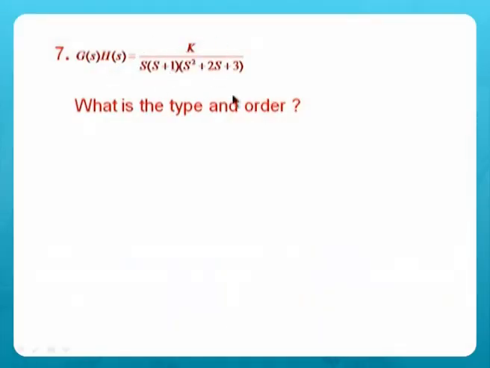G of s, H of s is given by this function. You can see K by 1 pole at origin, then s plus 1, s square plus 2s plus 3. So you may get a question: what is the type and order. The type means the number of poles at origin. So the type is 1 here. Number of poles at origin gives the type number.